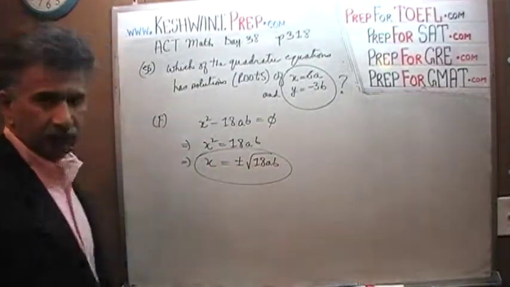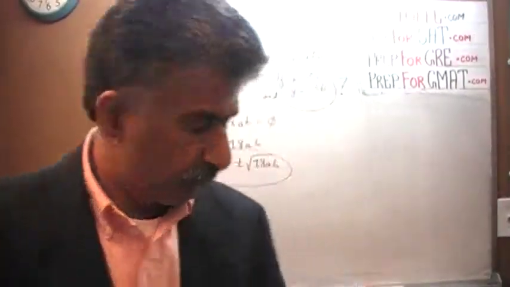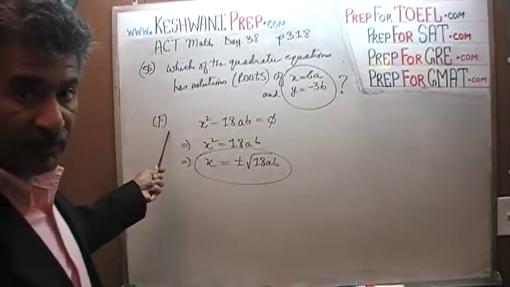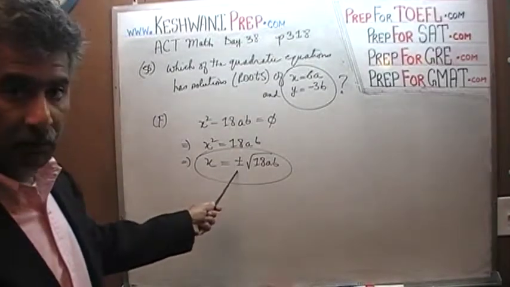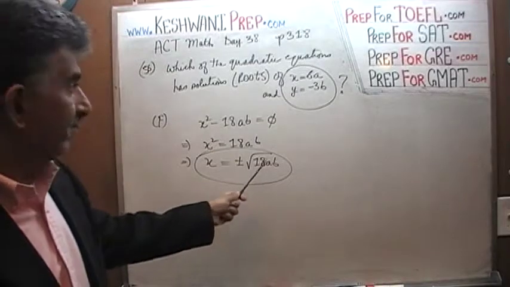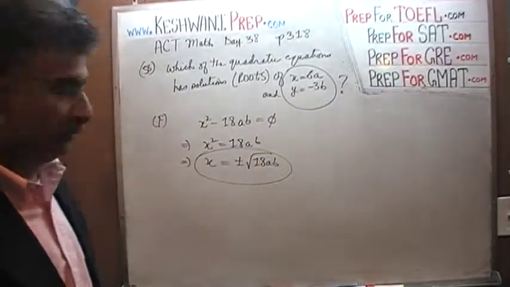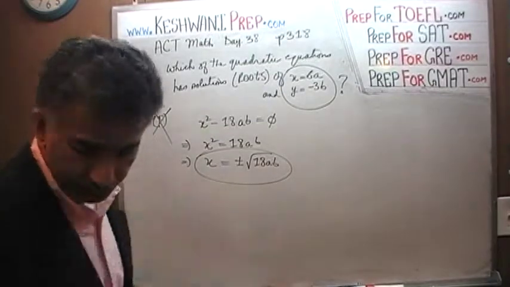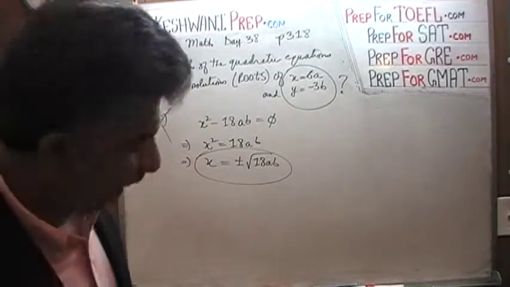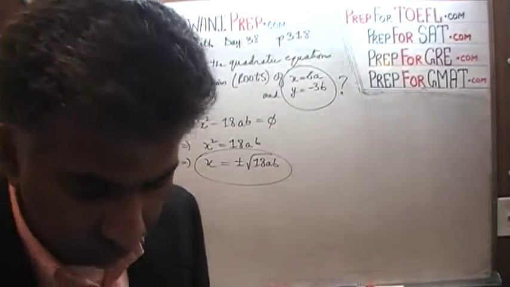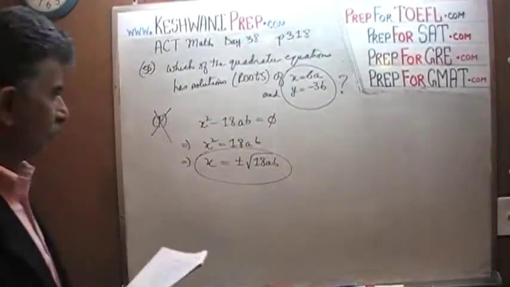These are the roots for the quadratic equation that is given in answer choice F: the roots are positive or negative square root of 18ab. The roots are not these quantities. F is not the answer. Let's move on then. Of course, F wasn't the answer. We could have seen it right away, but I just wanted to show you the work anyway.